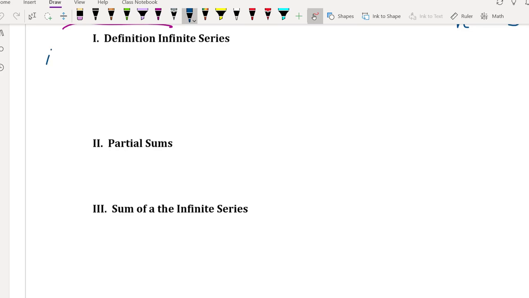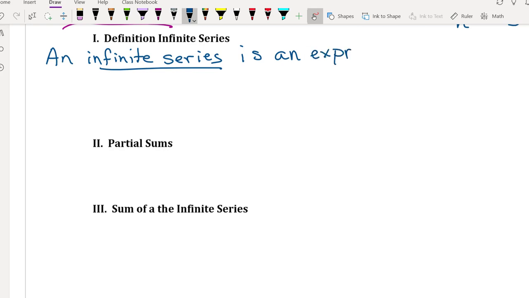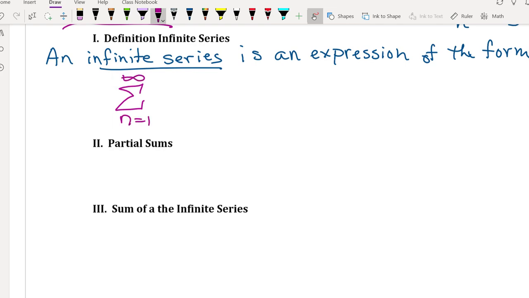An infinite series is an expression of the form: we're going to have our summation, and now we're going to use n as our index, n equals 1, and on top we have infinity, of a sub n.